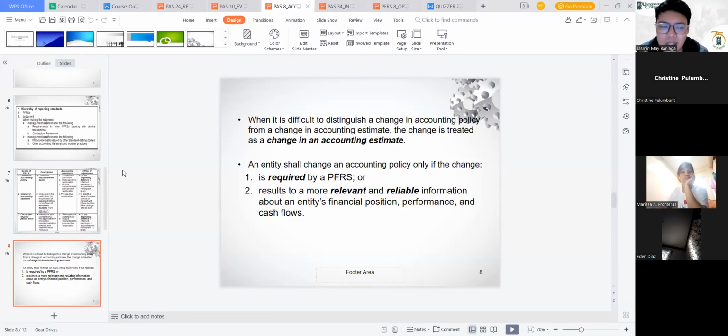But the rest ng tinatakal natin so far sa CFAS does not affect much when it comes to changes in PFRS. So pag hindi naman daw required, wag daw mag-change ng accounting policy. And if it results in a more relevant and reliable information about the entity's financial position, performance, and cash flows. Doon lang daw ang guide natin to change the accounting policy.